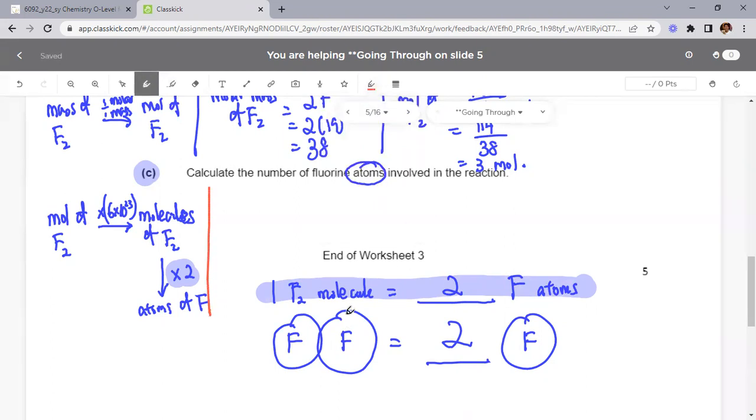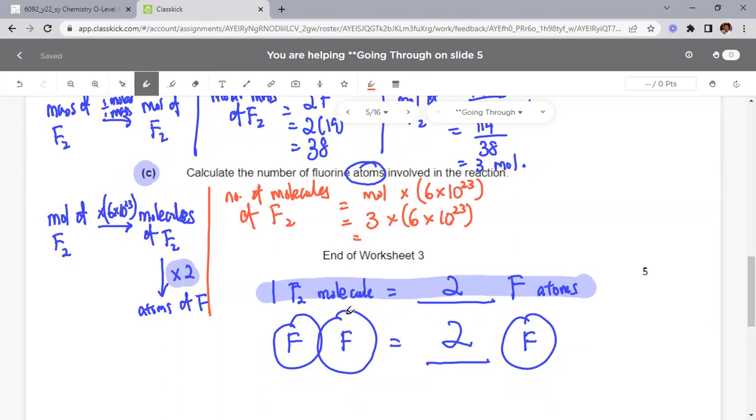So what are the 2 steps? First thing, let's find the number of molecules of F2, which is equivalent to the mole I know is 3. So I take the mole, multiply by Avogadro's constant, this special number, 6 times 10 to the power 23. So 3 multiplied by 6 times 10 to the power 23.